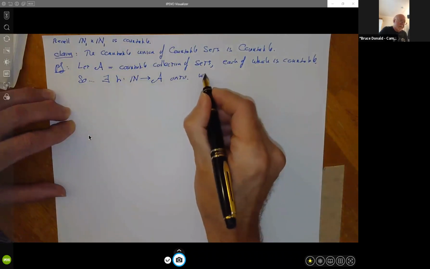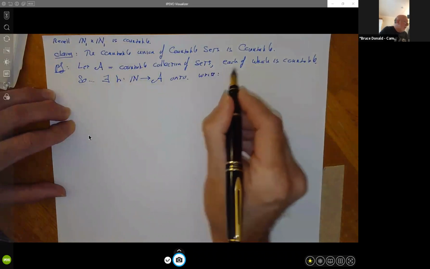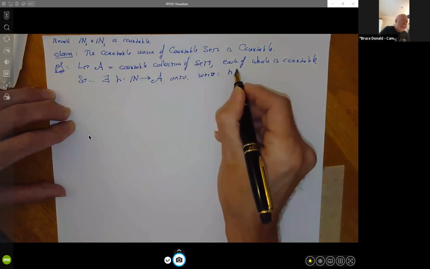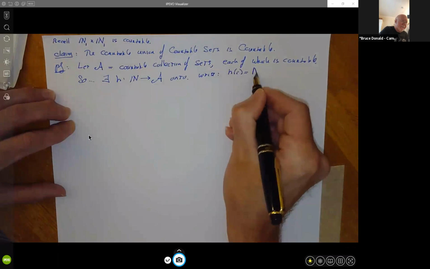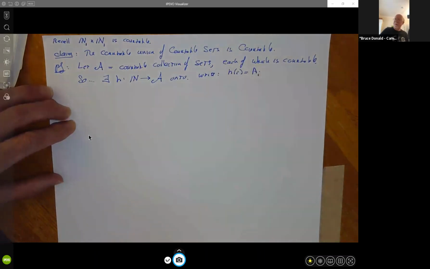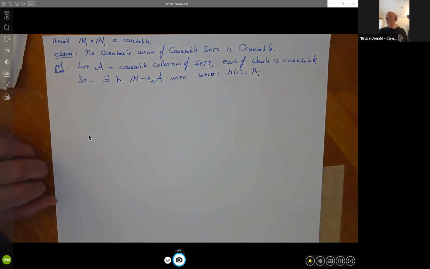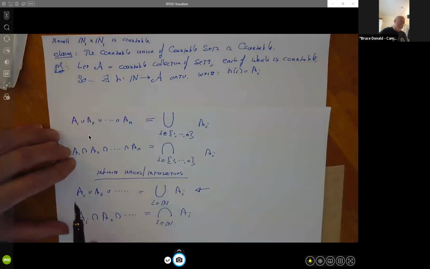And we write that H of i is equal to A of i to be consistent with our earlier notation. Remember, we have this nice notation here where we're taking unions, countable unions. This is certainly a countable union. I'm just now declaring that curly A is countable. So from a mathematical point of view, when I wrote this equation, it's clear that the union is countable because the index set is the natural numbers.